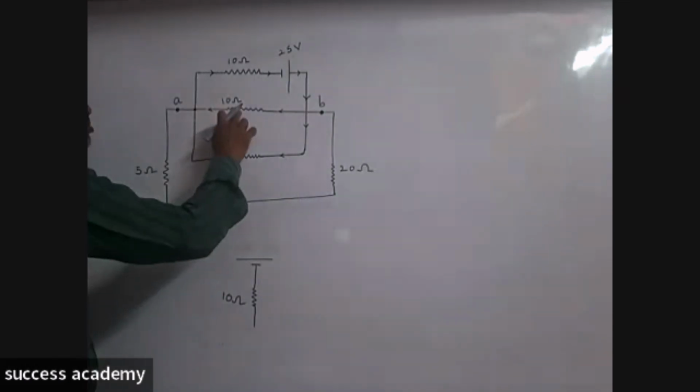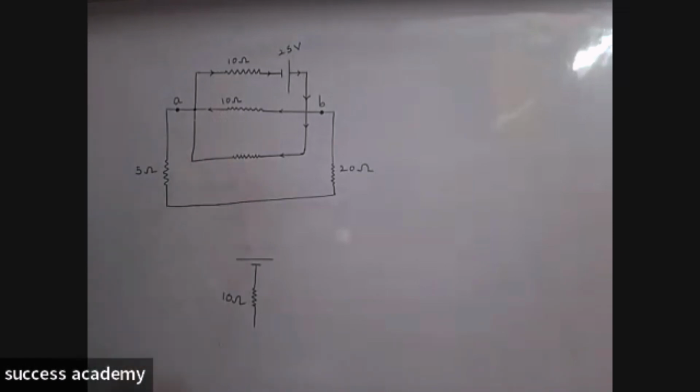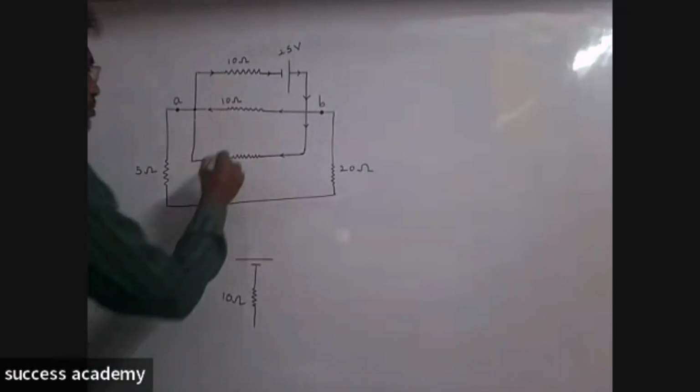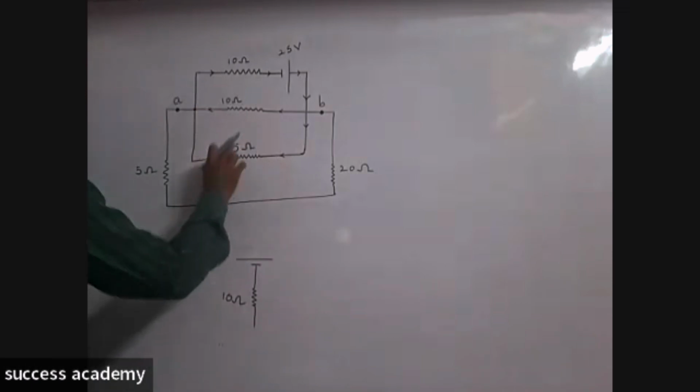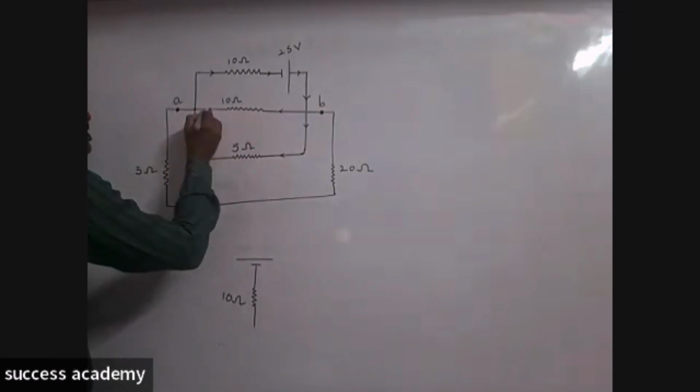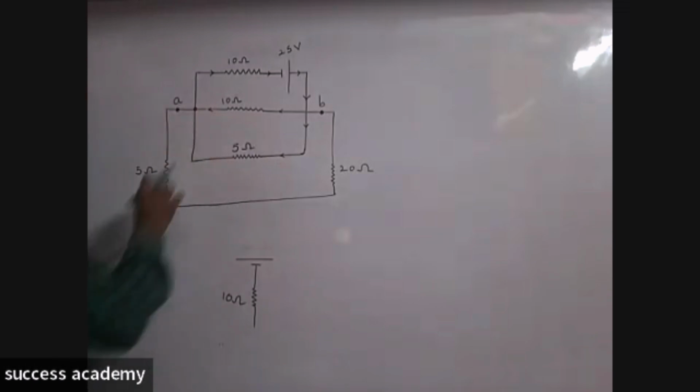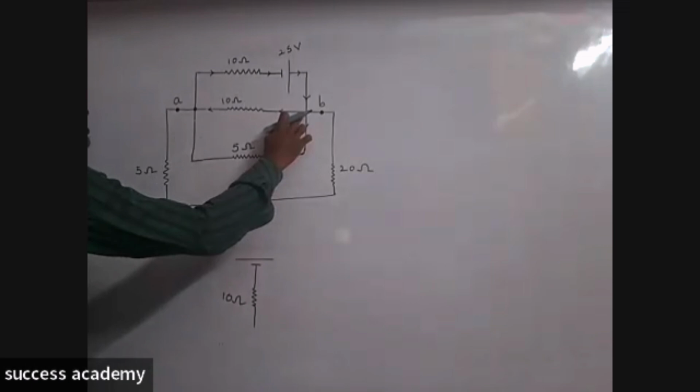Now this 10 ohm and this is the resistance which we consider as 5 ohm. This 10 ohm and 5 ohm. Why? Because from here the current is coming and from here the current is coming. Both the currents are meeting at this point. It means the division of current takes place at this point.